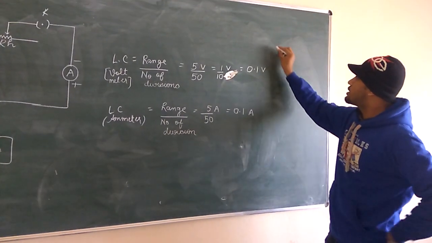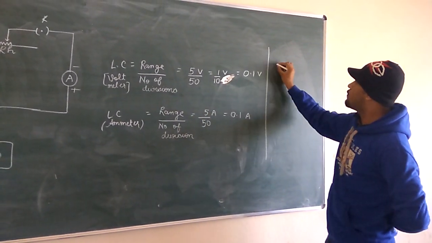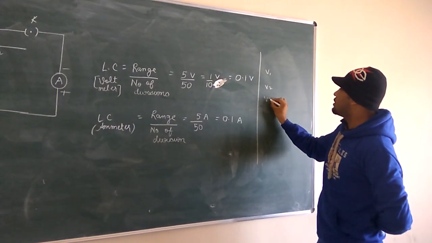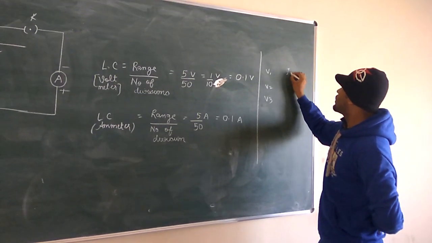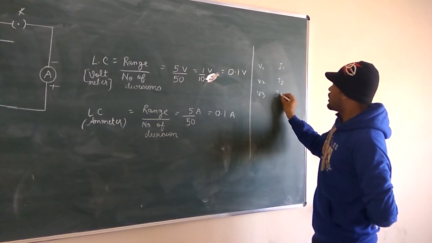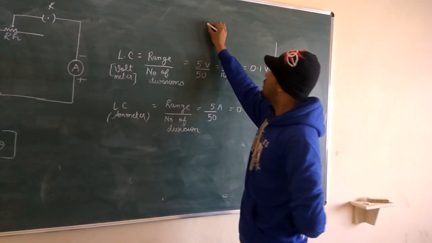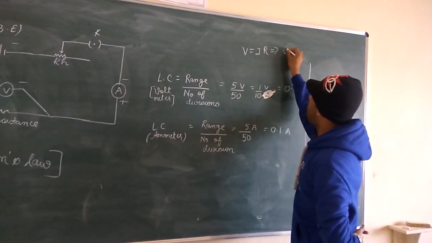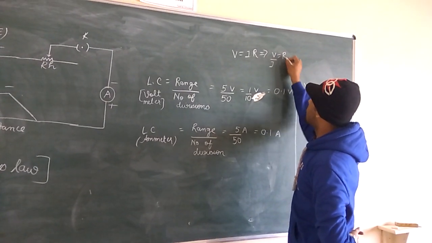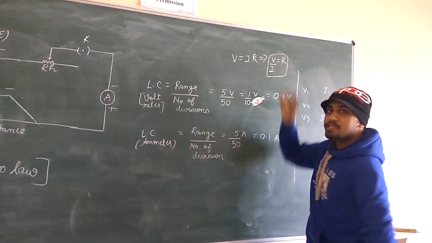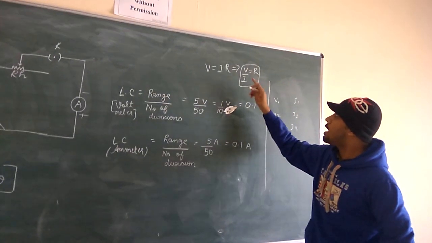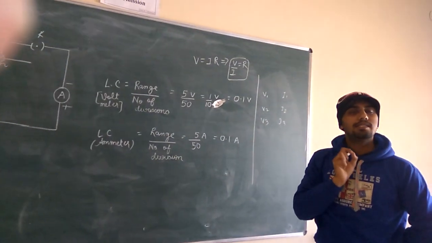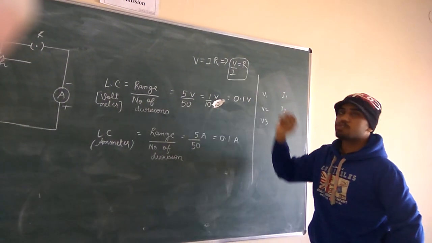In the table we have considered, first of all we have taken the readings V1, V2 and V3, and I1, I2 and I3. According to Ohm's law, V is equal to IR, therefore V by I is equal to R. This means we take the ratio of voltage upon current, and this ratio will give the resistance of the wire.